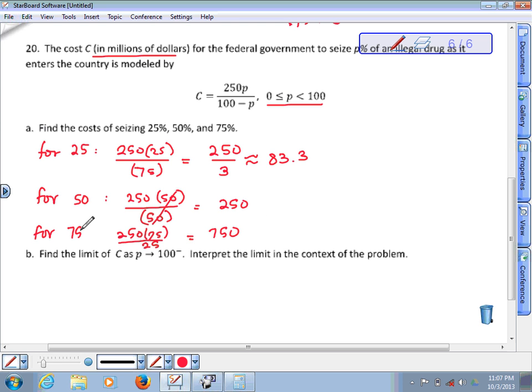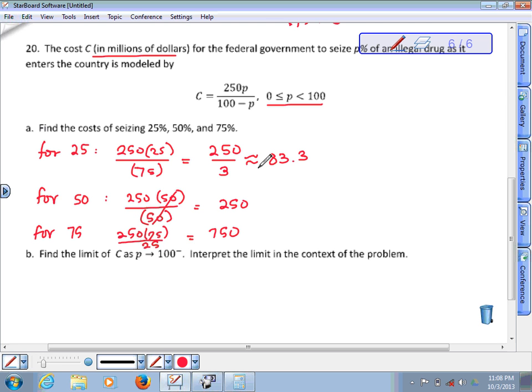So now, once they go much more than this, 80%, 90%, 91%, 92%, these costs are going to increase similar to an exponential increase. As their efforts are reaching 100% of this illegal drug to be seized, what's the value of this side going to eventually start to reach?